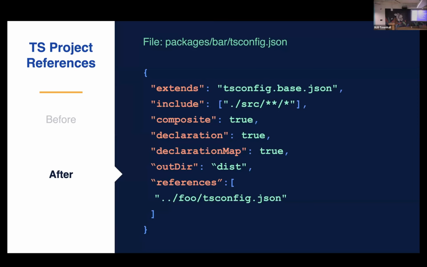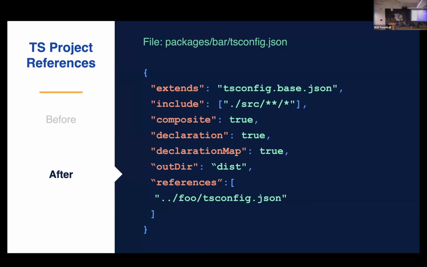Composite true is a special property that tells TypeScript that this is going to be a project referenced project. And if composite is true, you need to make declaration true also. What that means is with project references, when you do type checking, you will get dist files for your actual project. The third property is declarationMap.